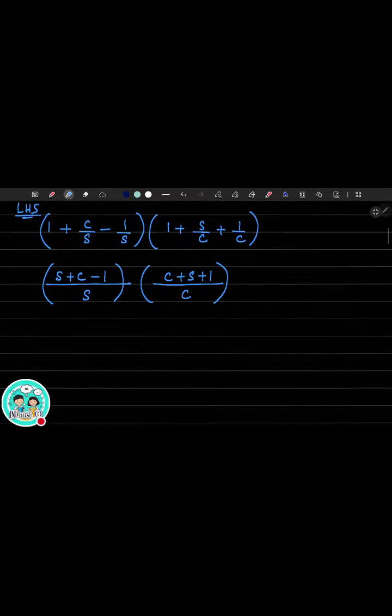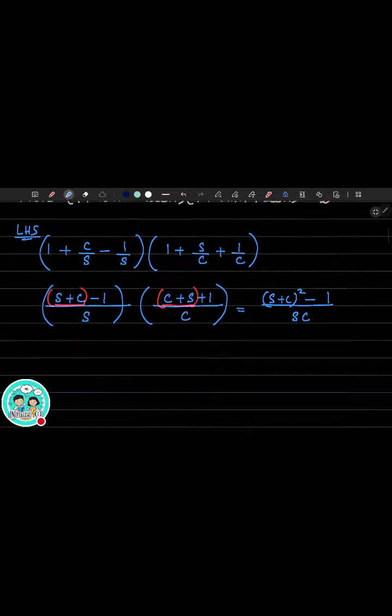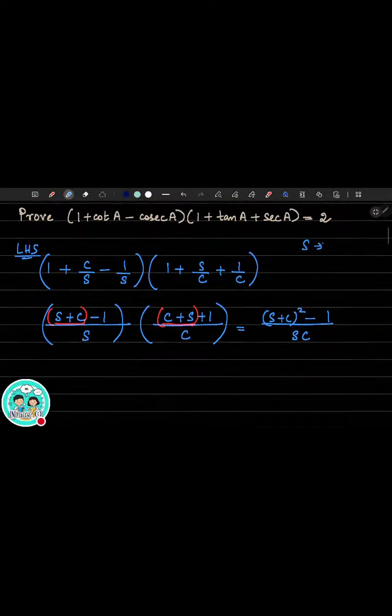Here you have to remember that sine plus cos minus 1 and sine plus cos plus 1 is of the form (a plus b) into (a minus b), which is nothing but a square minus b square. In place of a you have (sine plus cos) whole square minus 1, divided by, it's a product, so you just write the product of sine into cos. Okay, S stands for sine theta or sine A, C stands for cos A.